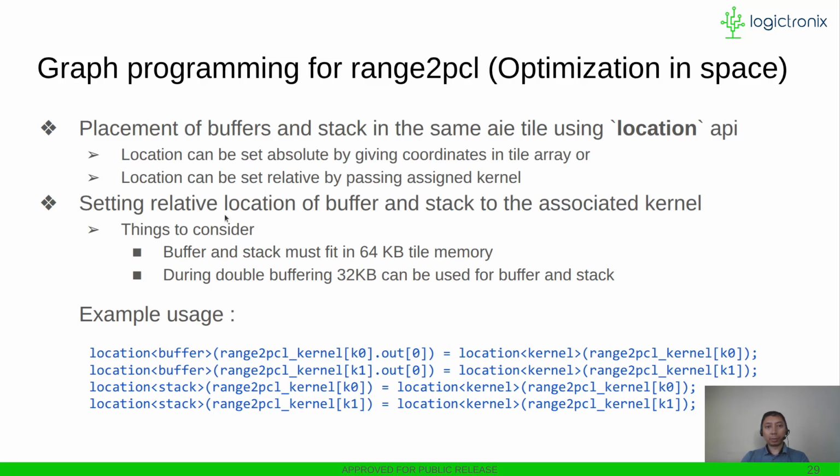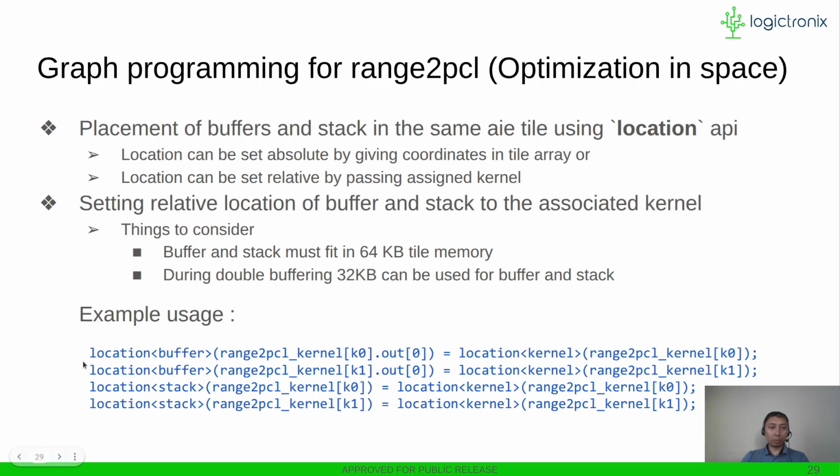allocated. So in our range to PCL kernel graph, we are using relative location, and while giving this location, we have to consider two things. Our memory should fit into this 64 kilobyte tile memory. This is the local memory bank, and if you go for double buffering, you can only save data of 32 kilobyte size. So your buffer or any stack or heap memory should fit into this memory size.